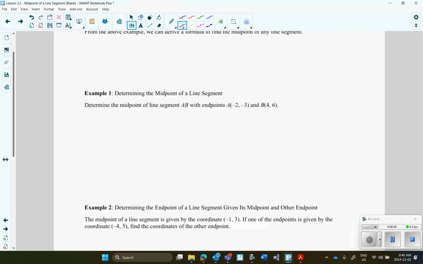So remember the formula, MP, midpoint, is adding the two x coordinates from each endpoint together, dividing by 2, comma, adding the y points from each point together and dividing by 2.